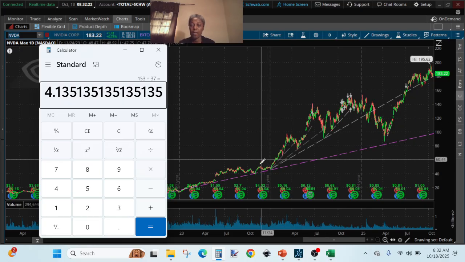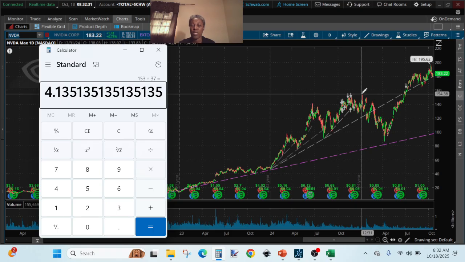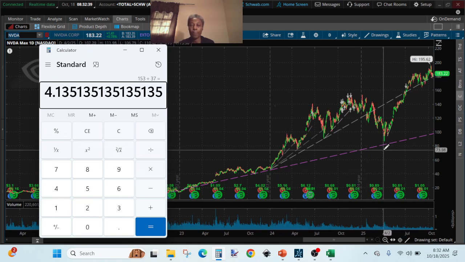So from that 37, it went up, it quadrupled that price before it was done with that rise, and went back down to complete the pattern of that mountain or to complete that circle.